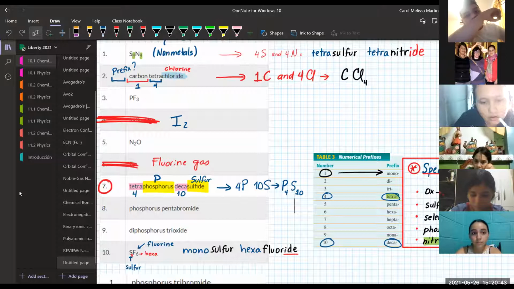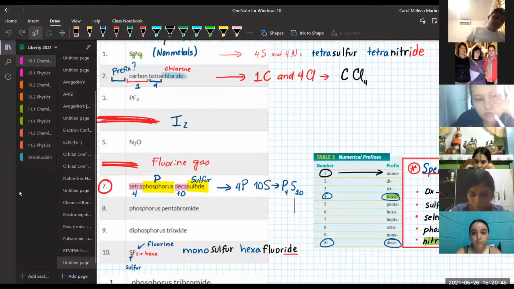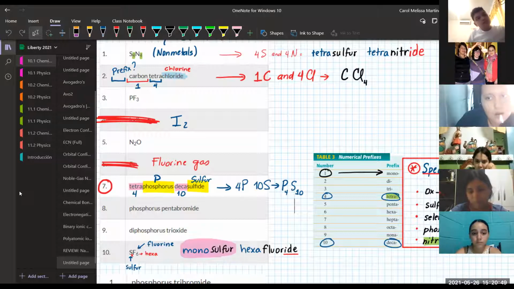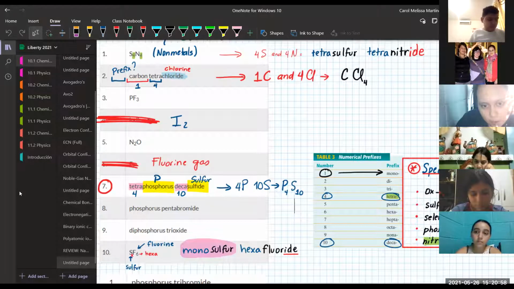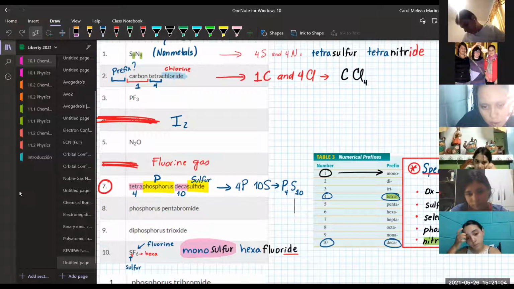Okay, it's not updating the whiteboard. That is one of the exceptions of the rule, because the rule says that for the first element it is not necessary to write the prefix mono. It only works with the prefix mono.